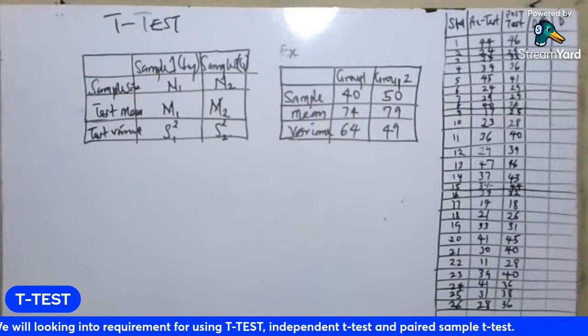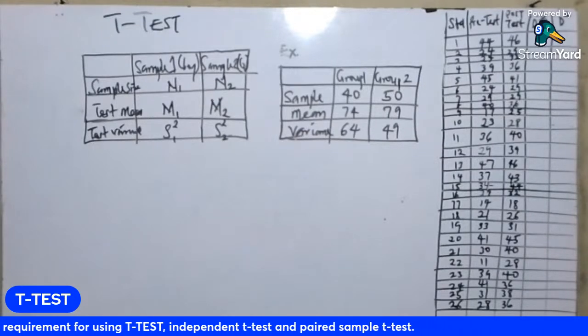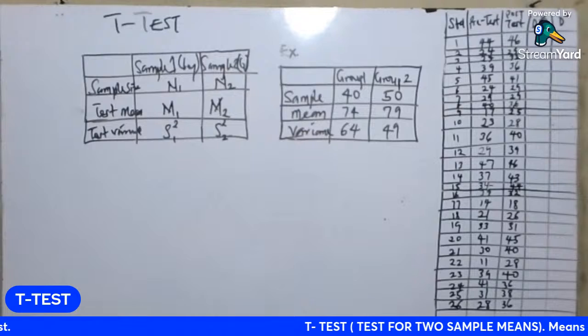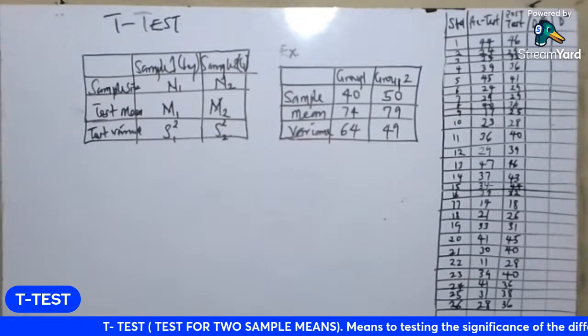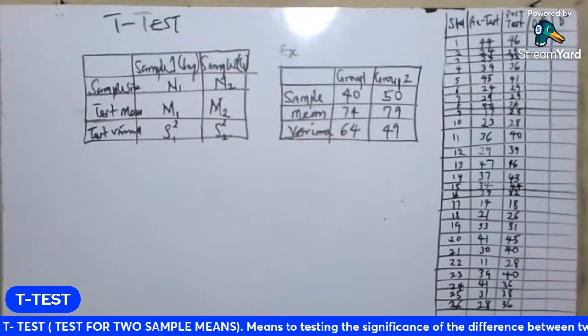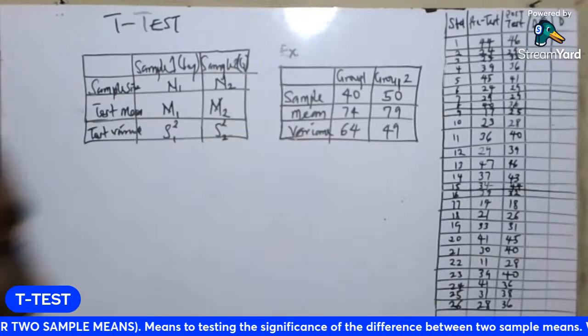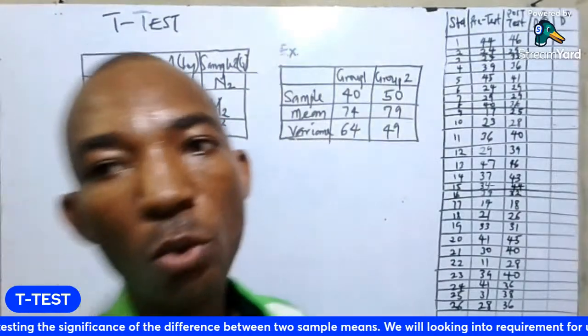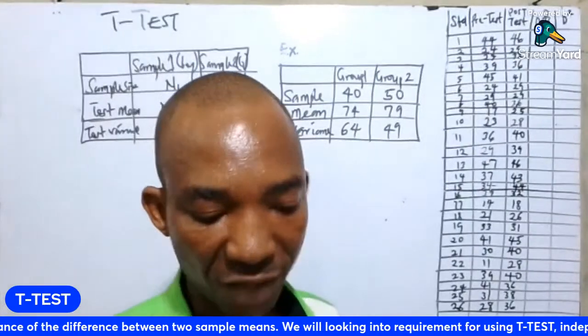There is a rule that we normally use anytime you are performing a test of difference: you have to get your calculated value and then your critical value, which you normally check on the table. For you to get the calculated value, there is a formula to use, which we can see on the board here. When we get there, we'll look at the formulas one after the other.